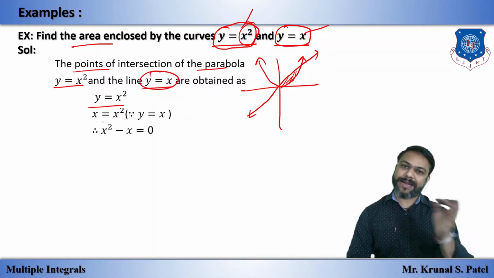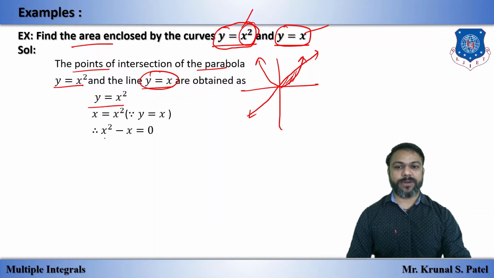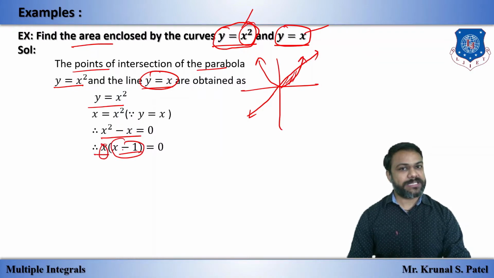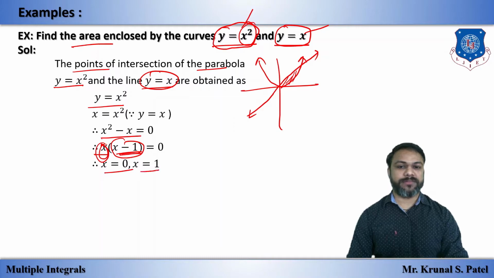We take everything on one side, so x square minus x is equal to 0. We cannot cancel out x, as we have discussed; we have to take it common. So we have x is equal to 0 and x minus 1 is equal to 0, which gives x is equal to 1. So we have the values of x.